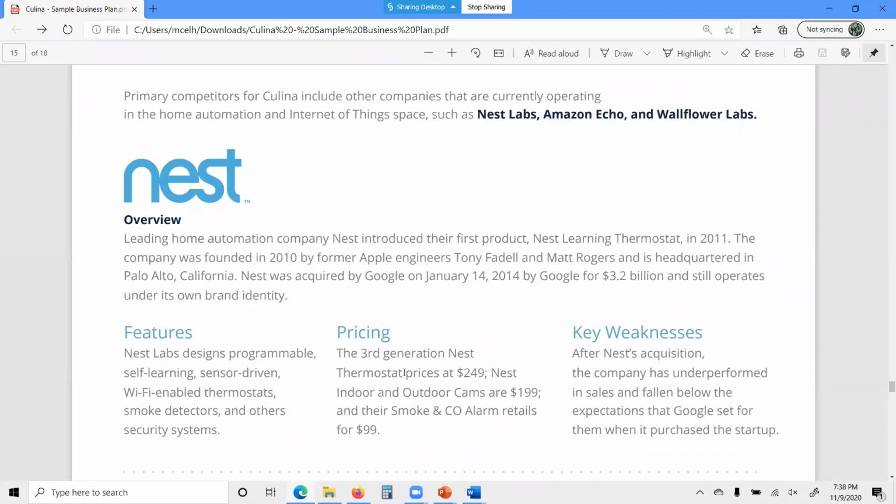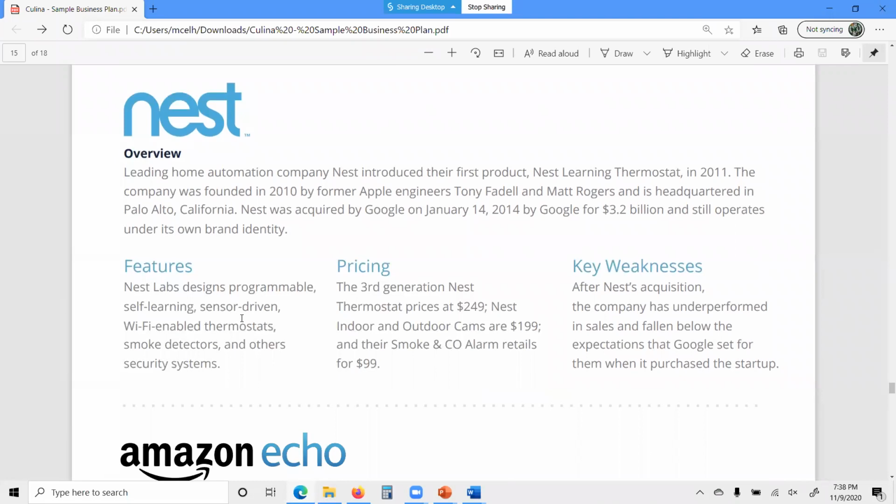Turn the heat on to 70 degrees at 6 a.m. Shut it down overnight. Save energy that way. So basically that's what Nest was doing. What is their thermostat cost and where is it failing? The company underperformed in sales and fell short of expectations that they set themselves.